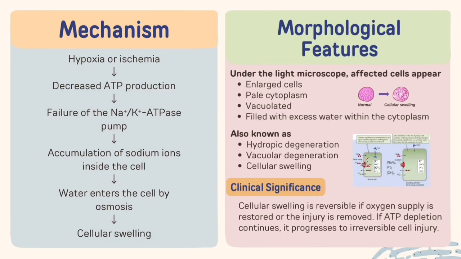As a result, the sodium-potassium ATPase pump does not work properly. Sodium and water enter the cell, causing the cell to swell. Finally, if the injury is removed, the cell can recover. However, if ATP depletion continues, the injury becomes irreversible.